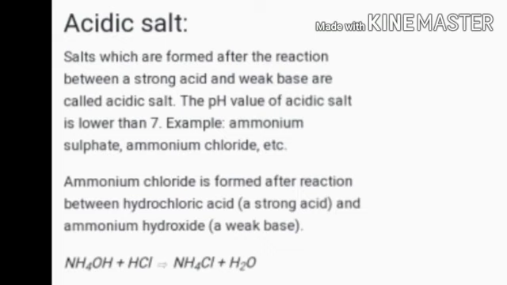Ammonium chloride, an acidic salt, is formed when the reaction takes place between hydrochloric acid, a strong acid, and ammonium hydroxide, a weak base. You can see the reaction here.